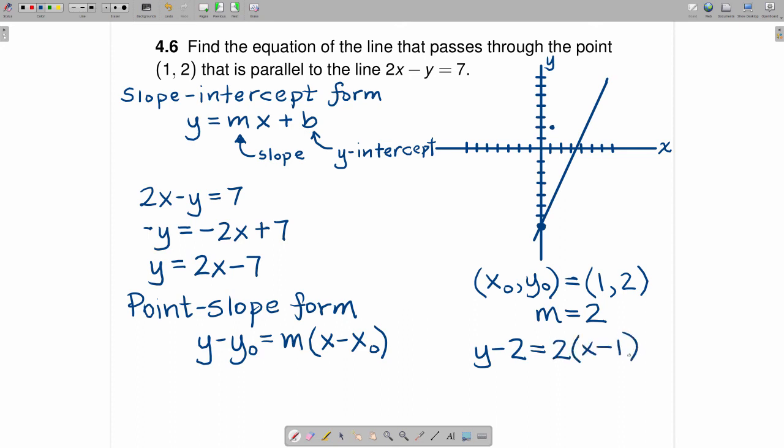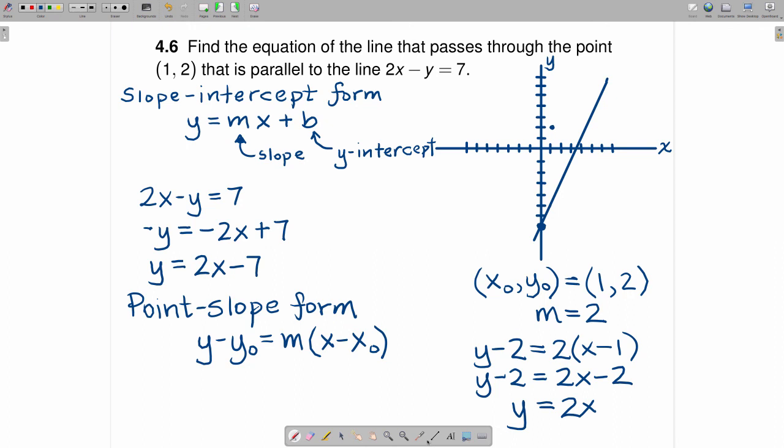Now, it'd be perfectly fine to leave it in that fashion, but if you want to go ahead and multiply it out, you have y minus 2 is equal to 2x minus 2. And if we would like to put that into slope-intercept form, for example, we would add 2 to both sides of that equation. When you add 2 to the left-hand side, you get y. And when you add 2 to the right-hand side, you get 2x.